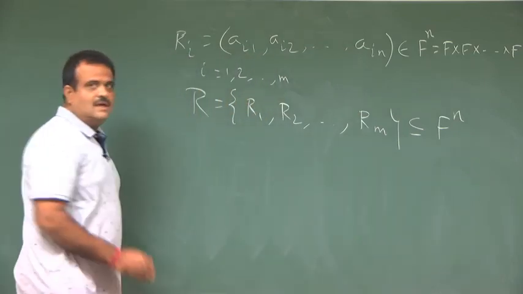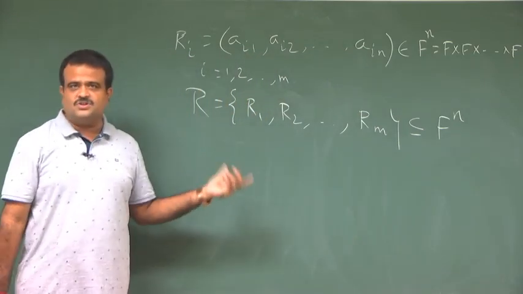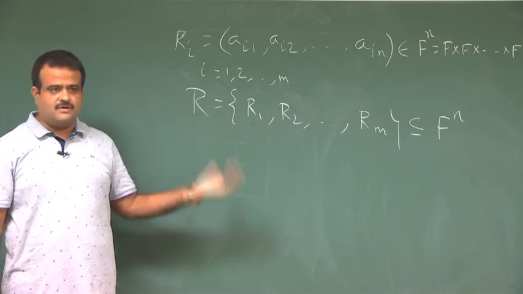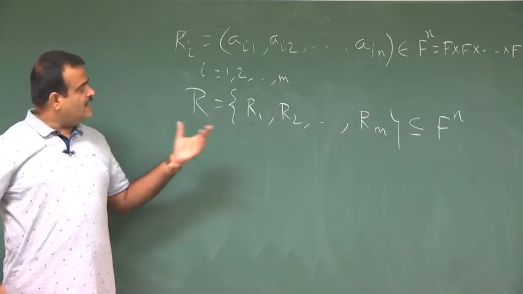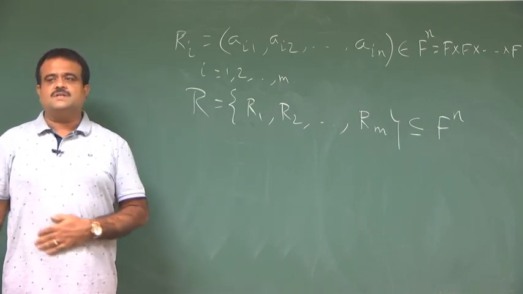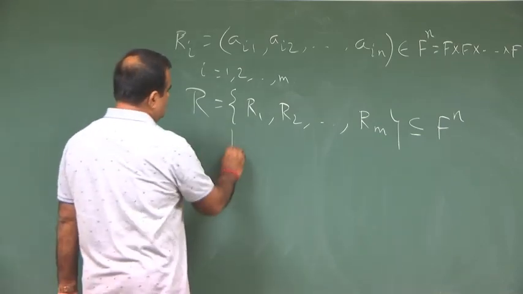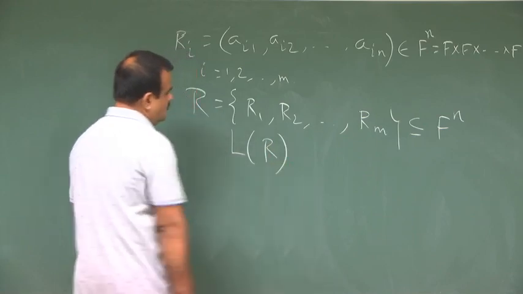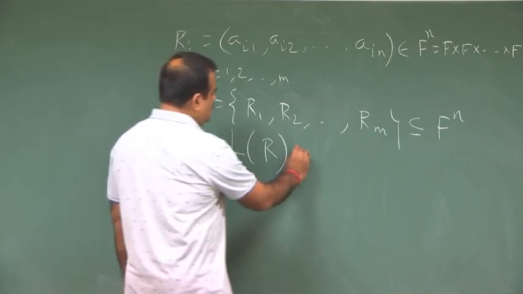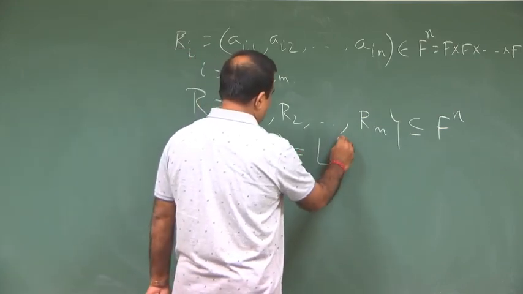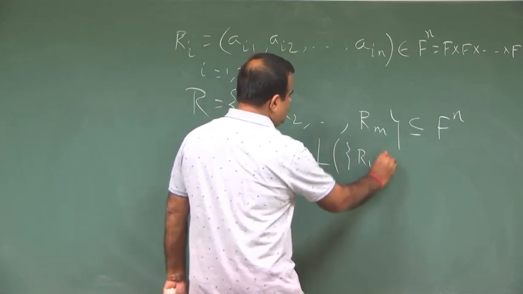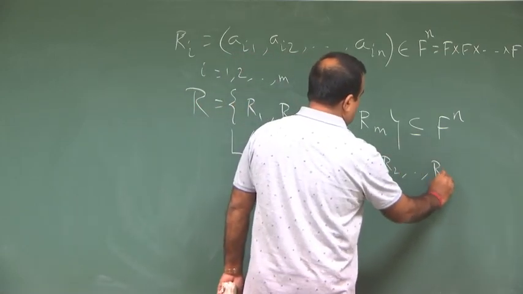Now, if you consider the space generated by these vectors, these are n dimensional vectors, that is called the linear span of R 1, R 2, R m.